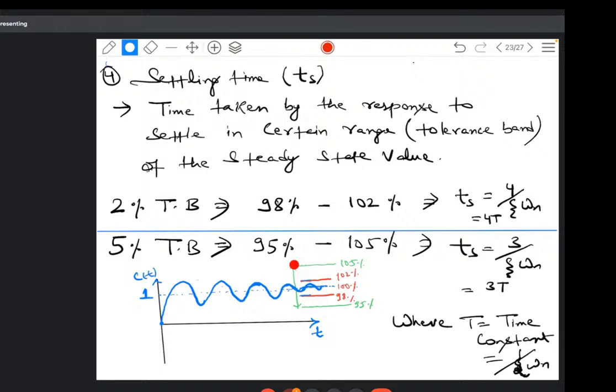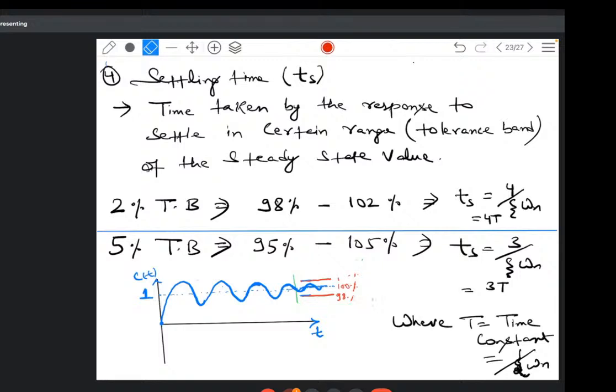Accuracy will be poor, although the system would get settled fast if I am having higher tolerance band. So if I'm taking 5% tolerance band, my output response will finally get settled, because a lot of oscillation will not be taken into account because it has fallen into this range. So if it has fallen into this range, then it doesn't matter whether it is still showing overshoot and undershoot.